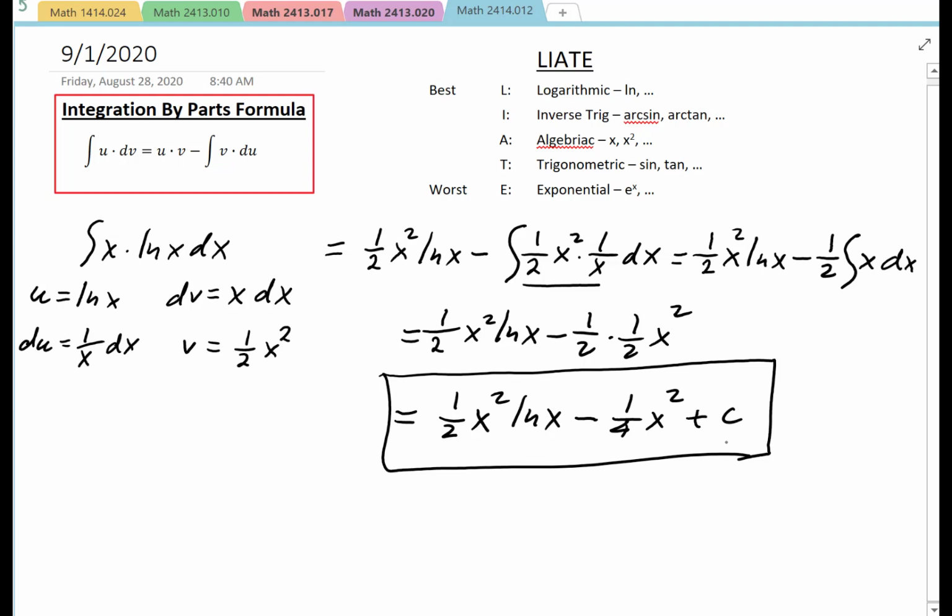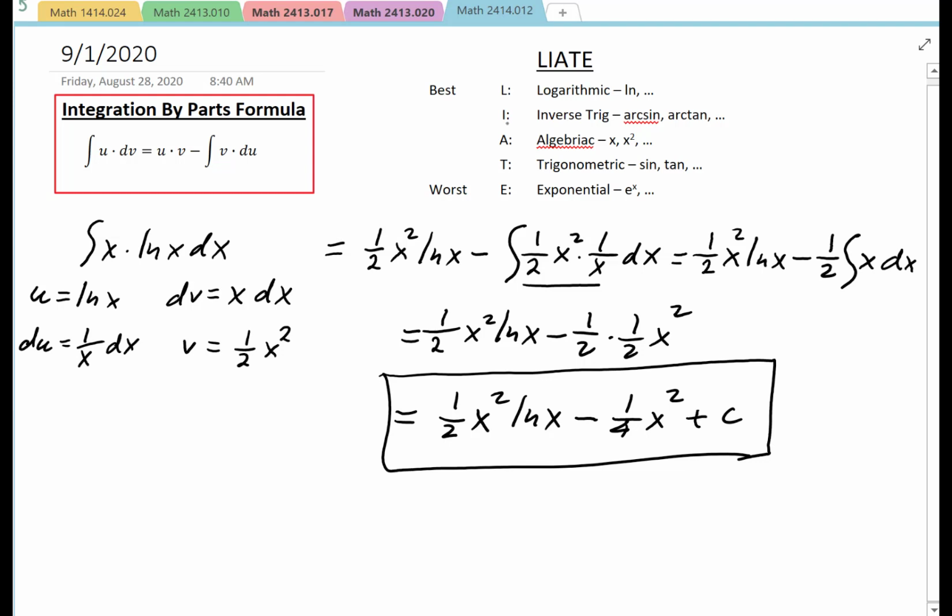Now, you're probably wondering why I picked u to be the natural log of x this time, when in the previous example I picked it to be x. Well, that's what this LIATE thing is up here in the upper right. This is how you choose u. The best choice for u is up here at L for logarithmic.